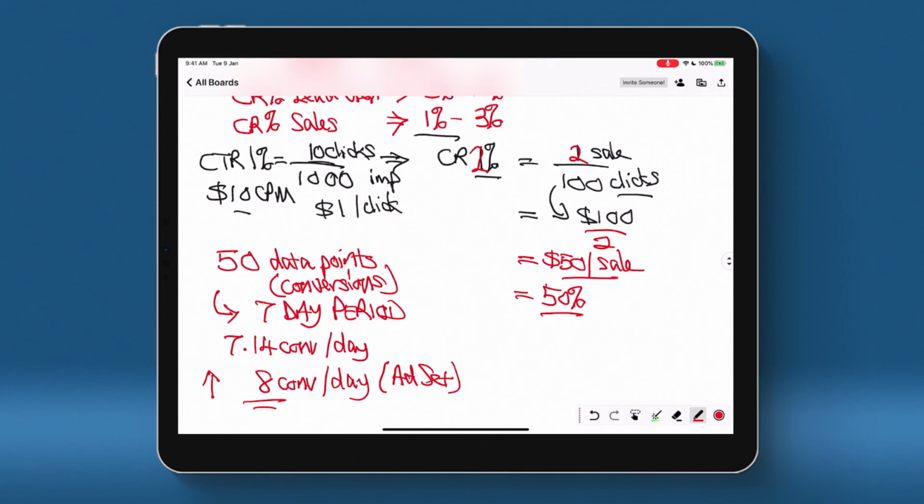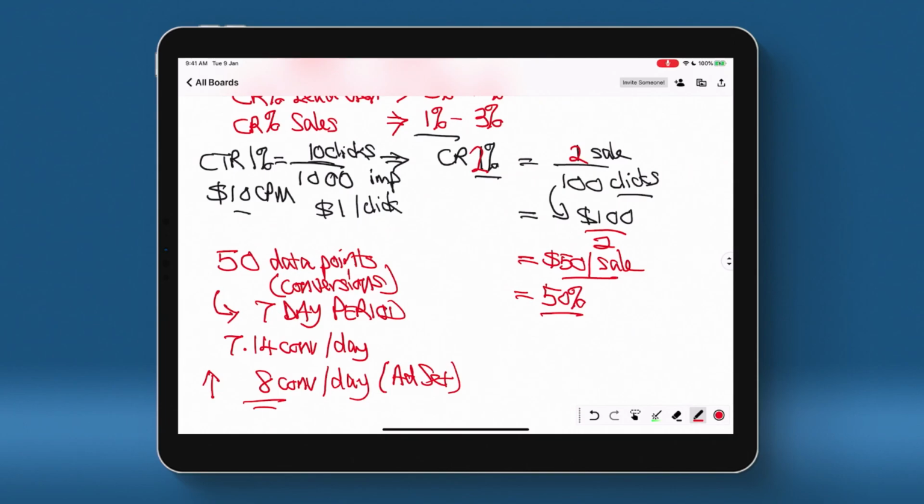And if you're going to make $200 profit and that profit costs you $100, you're fine because you have a 2-to-1 ROAS. So for every $200 profit, you spend $100 making that sale. Or in other words, for every $100 you spend, you return $200 in profit.